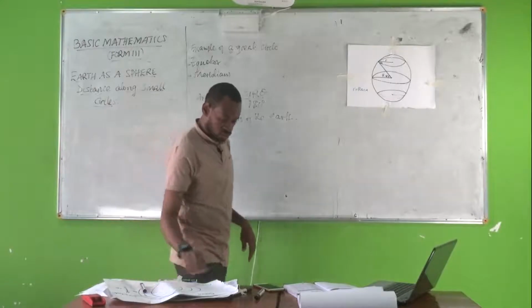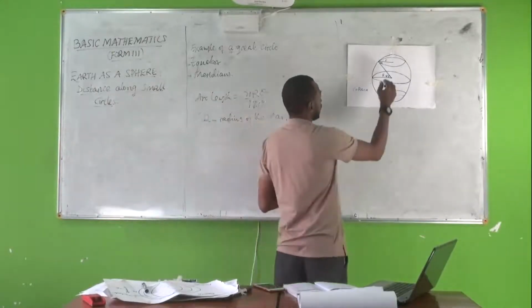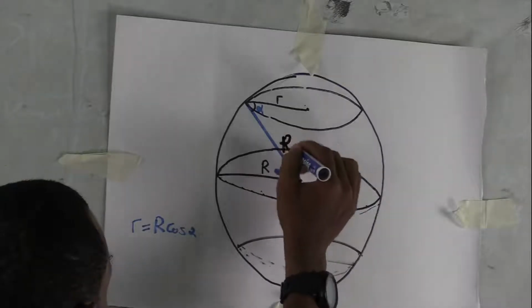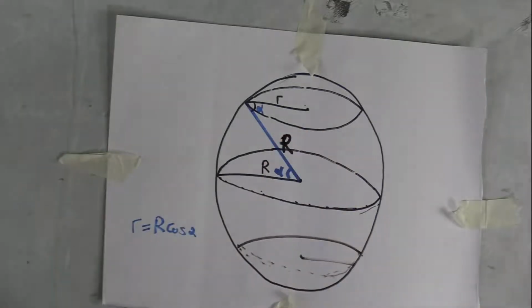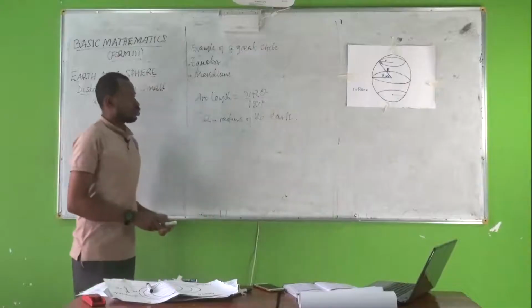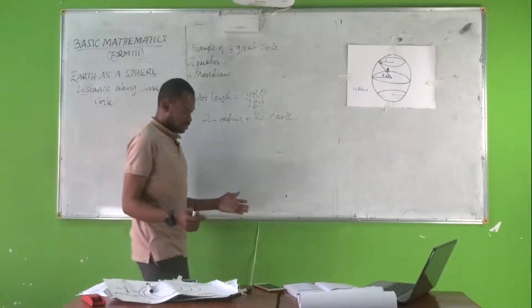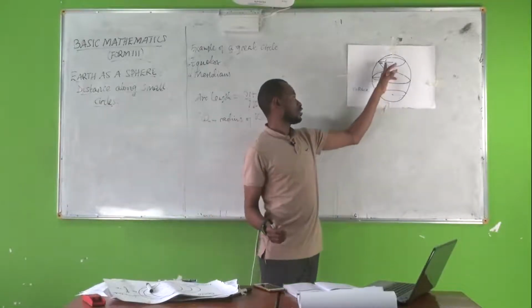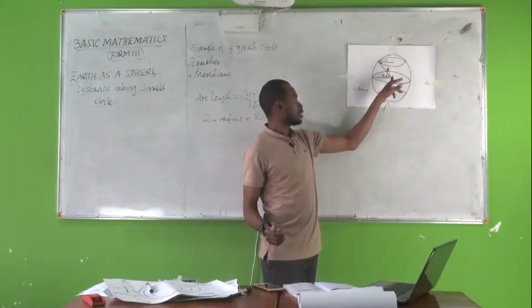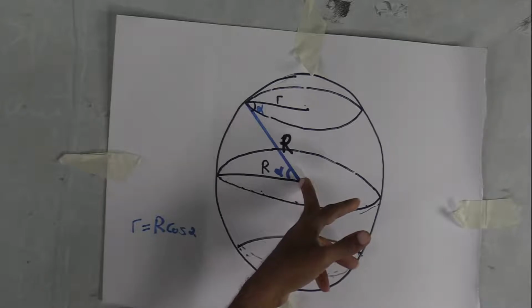This also is a radius of the Earth, which is the same as the radius of the great circle. So we are supposed to find the relationship between the radius of the small circle and the radius of the great circle.